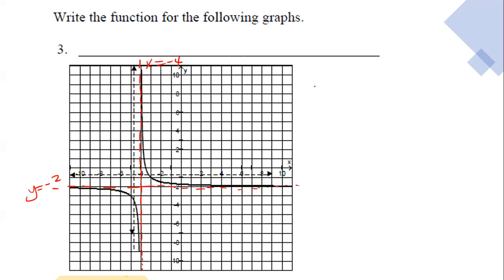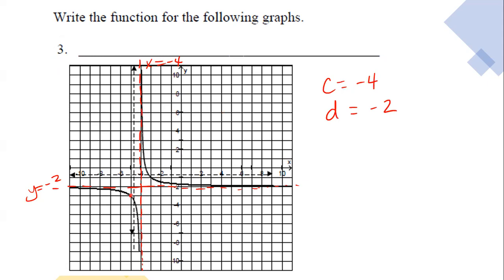Here we go. So, because I have my asymptotes, which parameters of transformation do I have? Which letters do I have? I have my translation pieces, my C and my D. So I know that C equals negative 4 and D equals negative 2.